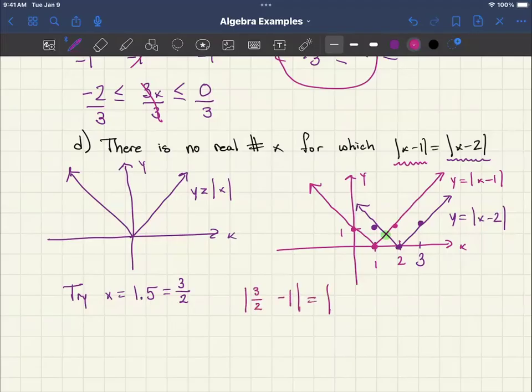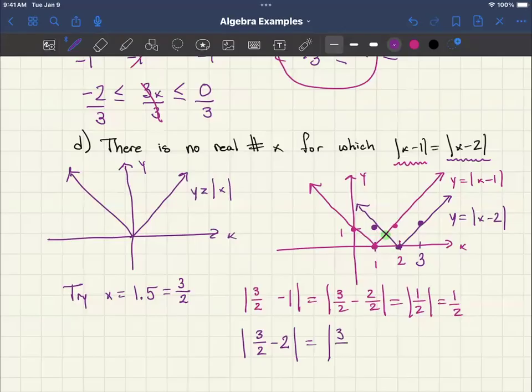We get 3/2 minus, and 1 can be written as 2/2. So we get 1/2, and the absolute value of that is 1/2. Okay. And now for our next check. 3/2 minus 2.